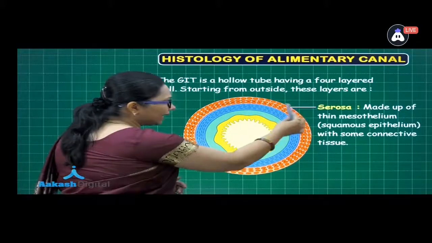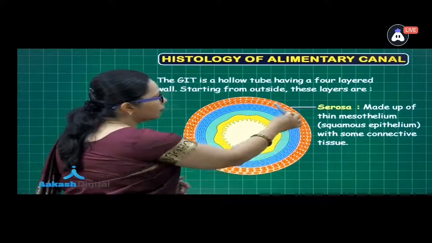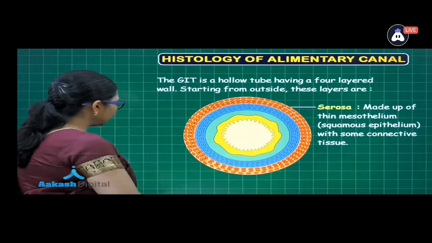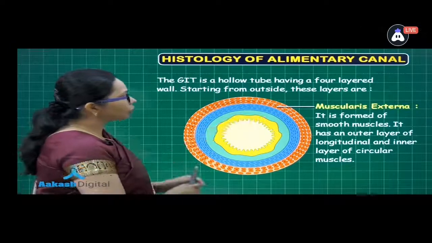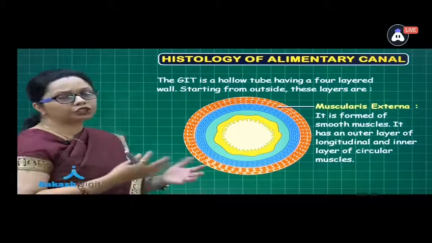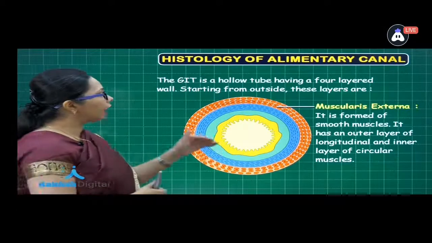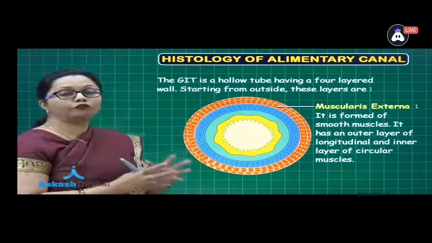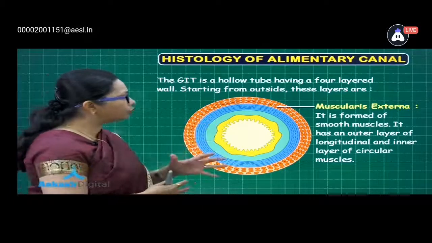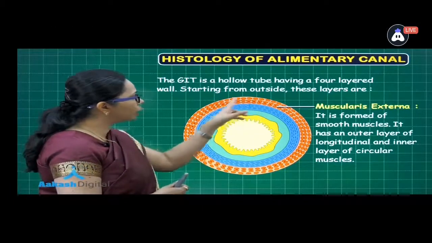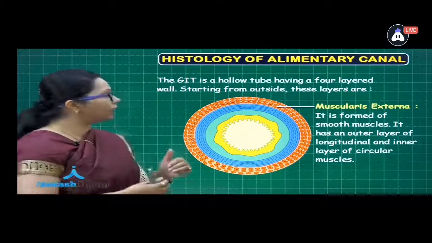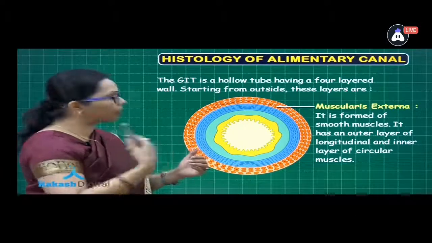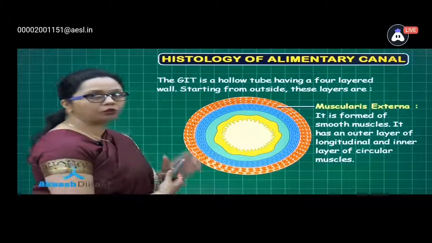Then the second layer, that is inner to serosa, this layer that we see here, is the muscularis externa. In this muscularis externa, or just muscular coat, there are 2 layers of smooth muscles. The outer one is longitudinal, running along the length of the GIT, and the one which is on the circumference is the circular muscle.